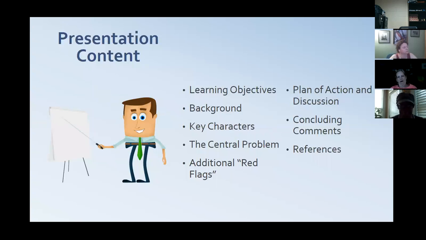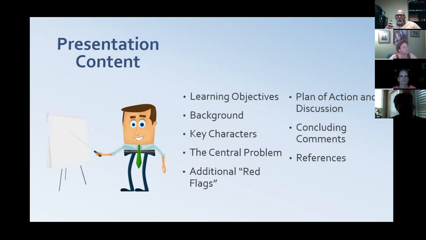I will be discussing the central problem and additional red flags on my behalf and on behalf of DeAndre, since he was unable to make it with us tonight. I will include his contributions for that. And Hazim will be discussing our plan of action and discussion, and he will also end with concluding comments. So thank you for being here, and we'll get started.